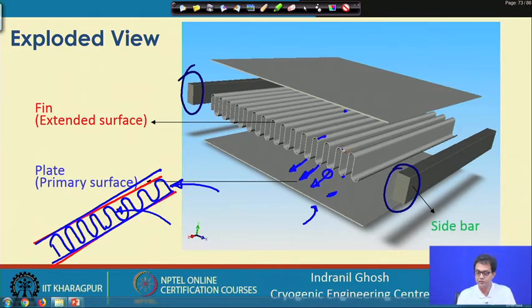We want this fin to be completely attached thermally to this upper surface. So, we need a good bonding between this point, this point, this point, and in fact all the surfaces should be adhered to this primary heat transfer surface area.